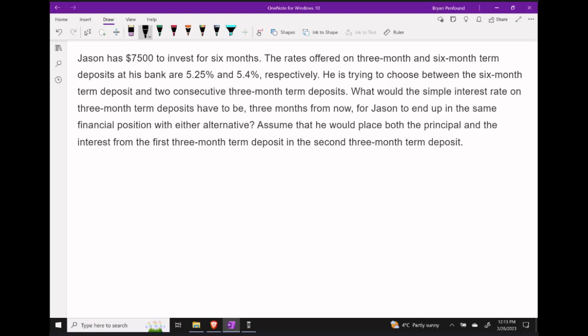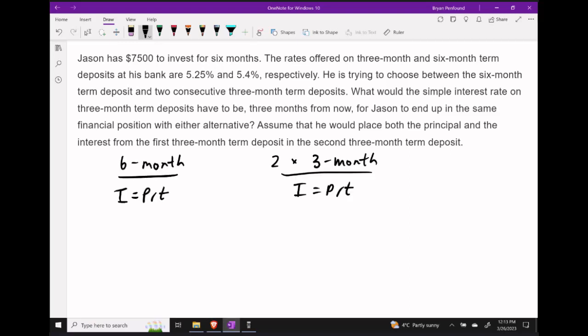Should we put our money in for 6 months at 5.4%, or should we do 2 3-month terms at 5.25%? Well, let's do a couple quick calculations to figure that out.